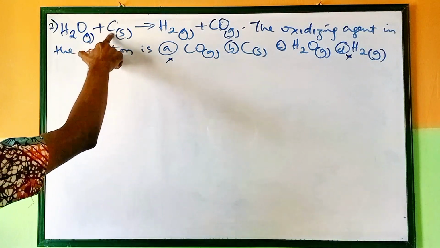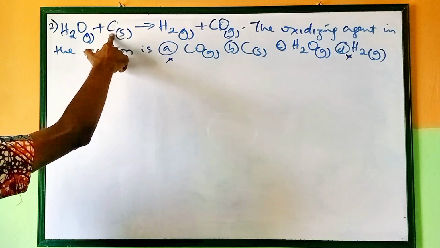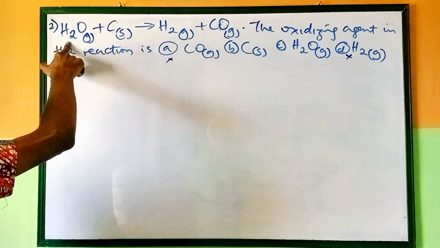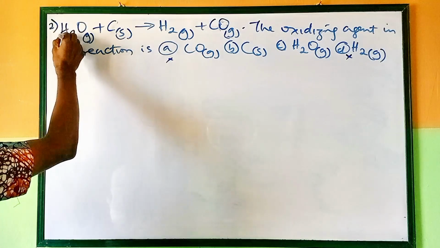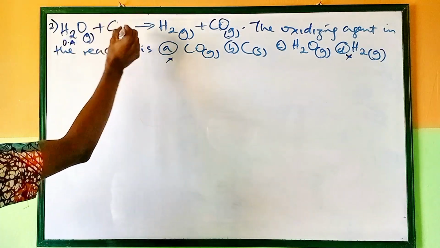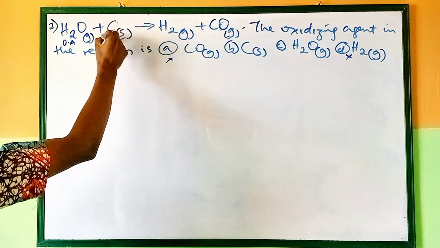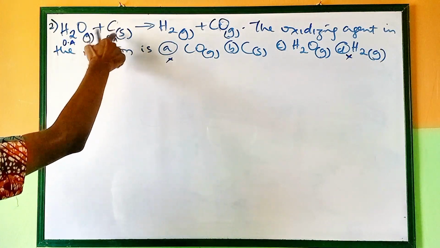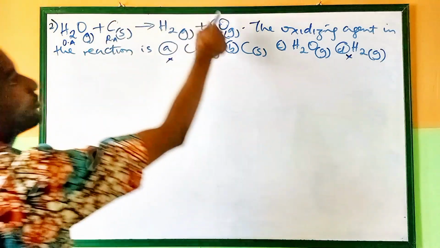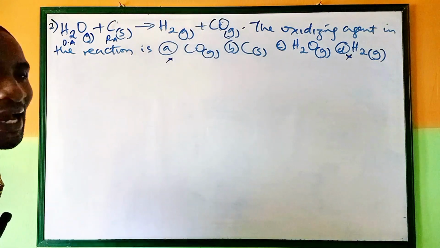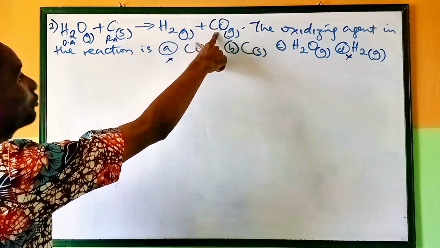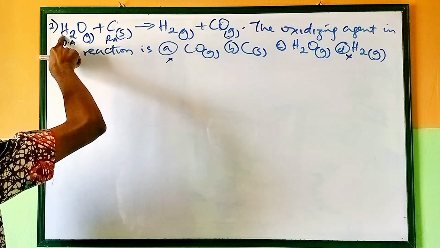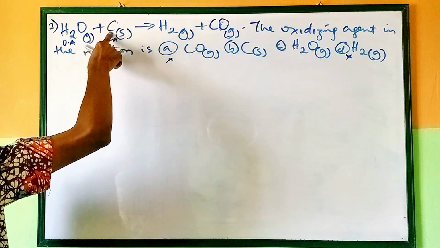And here, this carbon is not having oxygen. Water is having oxygen. So this is the oxidizing agent. And this is the reducing agent. How do I know? This reducing agent, by the time carbon gets to this side, it becomes oxidized. It's now carrying oxygen. So this water had oxidized the carbon.